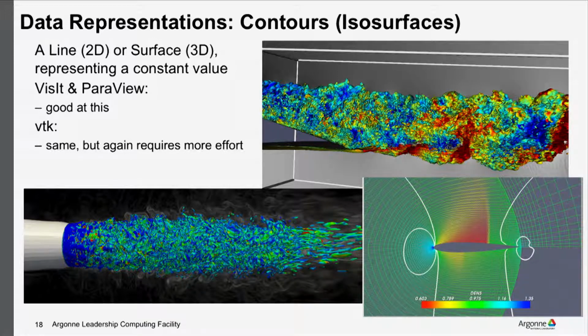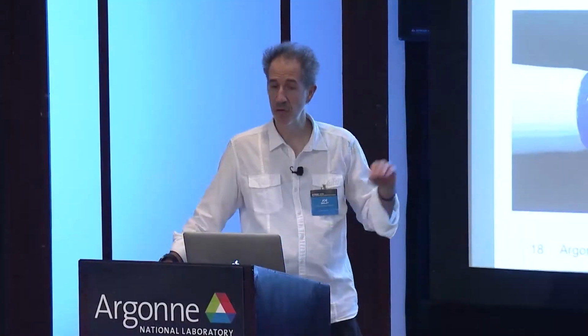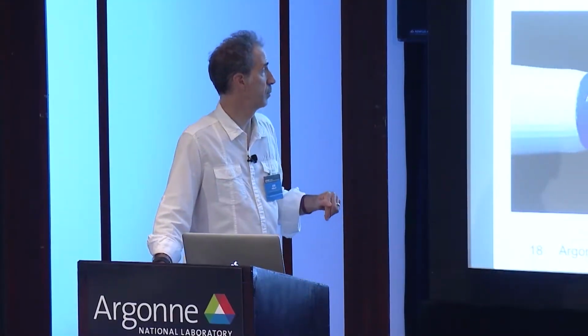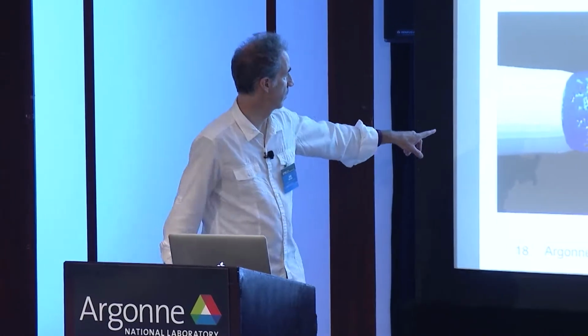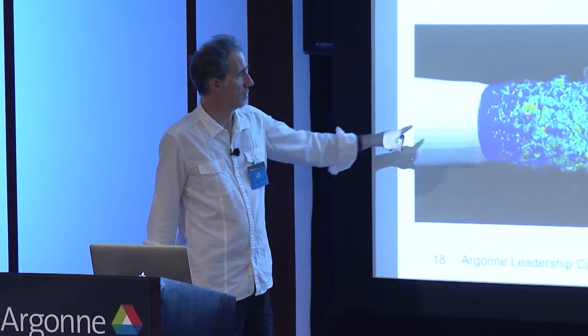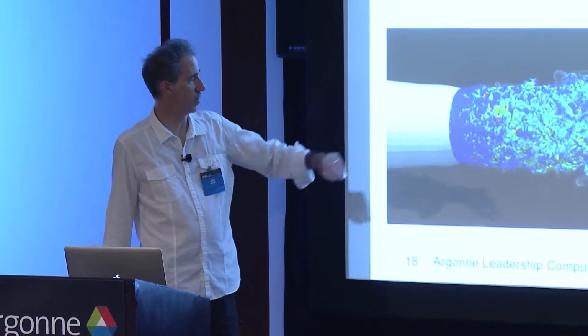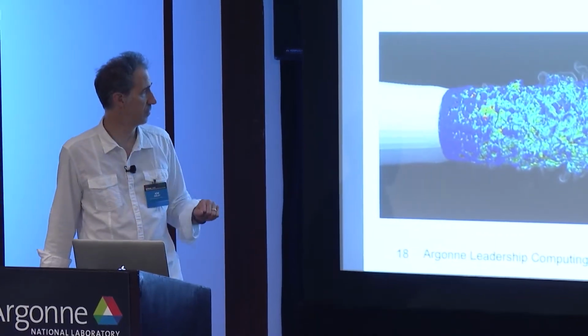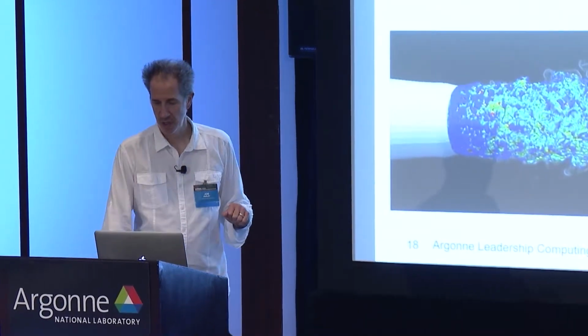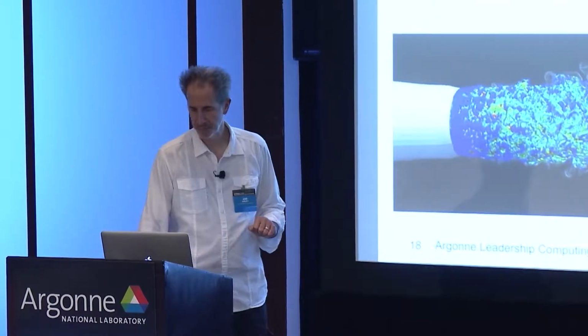In this case, the surface represents some constant value through the domain, but then you can also color it by some other variable in that space. So for example, in this example down here from the jet, the iso value is based on one variable, and the colors of that surface are based on another variable.